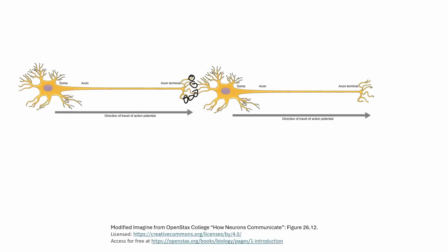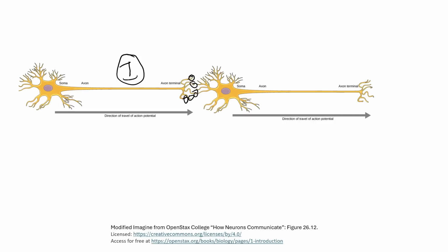The axon terminal buttons make up the first parts of the synapses. And in our case, these axon terminal buttons are part of neuron number 1, or the presynaptic neuron.